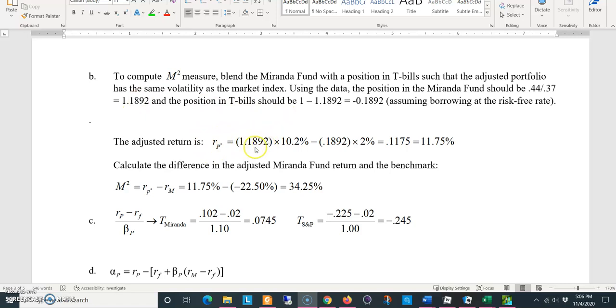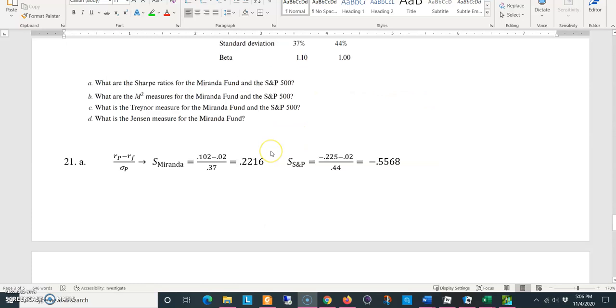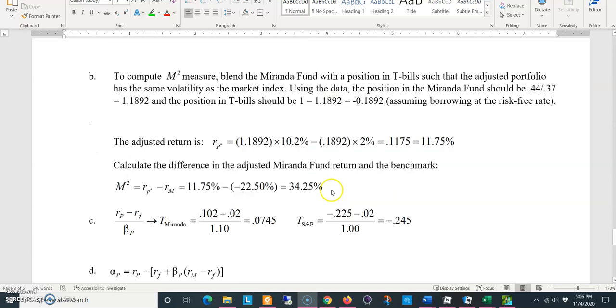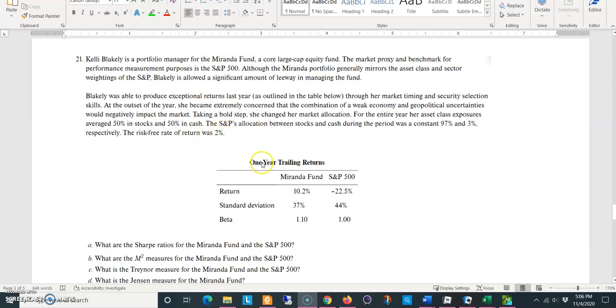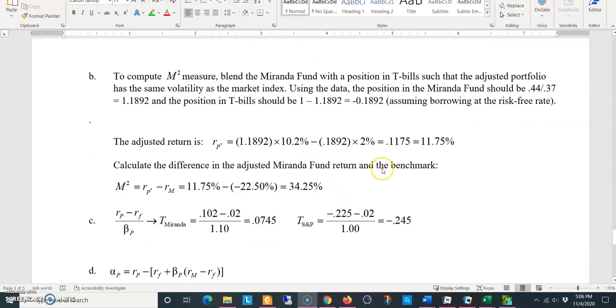So the weight in the Miranda fund times the return on the fund, which is 10.2, minus the investment in RF times the risk-free rate, which is 2%. Then you will see that you get 11.75. What was the return on the benchmark? Minus 22.5. So 11.75 minus 22.5, and your M squared measure is 34.2%.